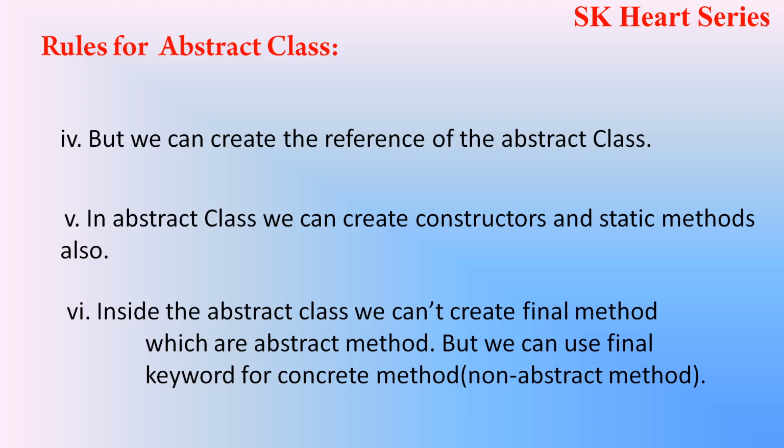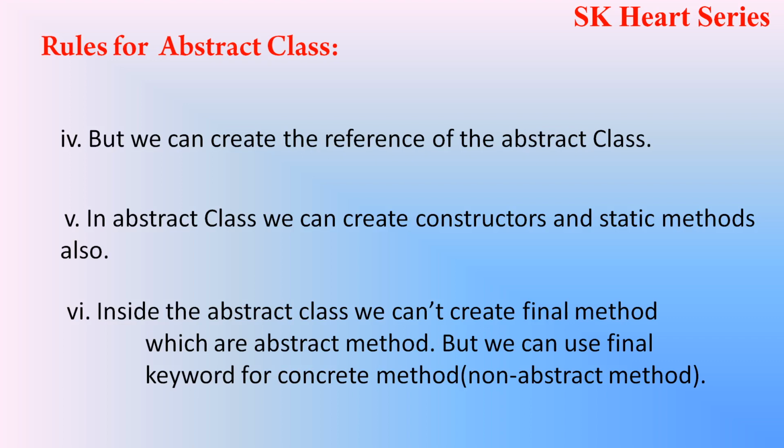You will see in notepad. Fifth is in an abstract class we can create constructors and static methods. We can create constructors and static methods also in an abstract class. Sixth is inside the abstract class we can't create a final method.